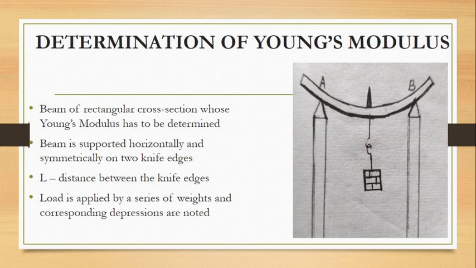And in order to measure the depression occurred when we apply the weights, we are placing a small pin so that whenever the weight is hanged, the pin gets depressed, and we are measuring that depression of the pin with the help of a traveling microscope.